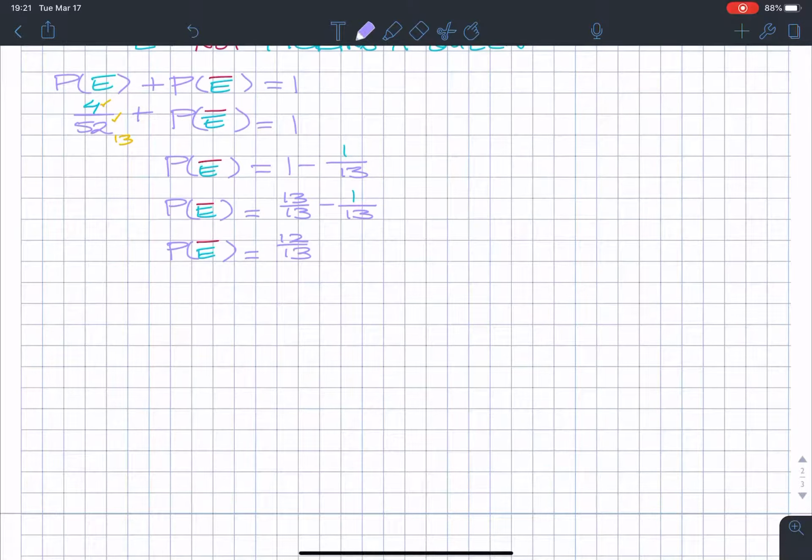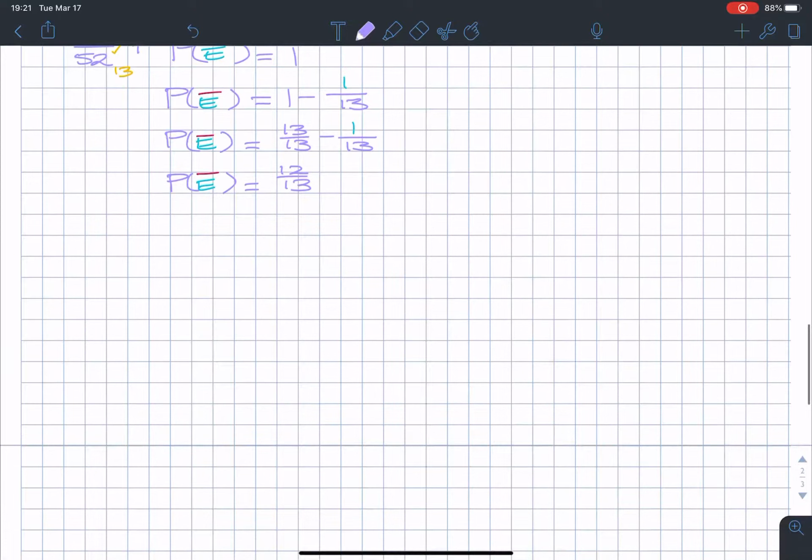And that should make sense because every suit has 13 cards, one of which is a queen. So of every suit, there are 12 cards that are not queens. So hopefully that makes sense logically.